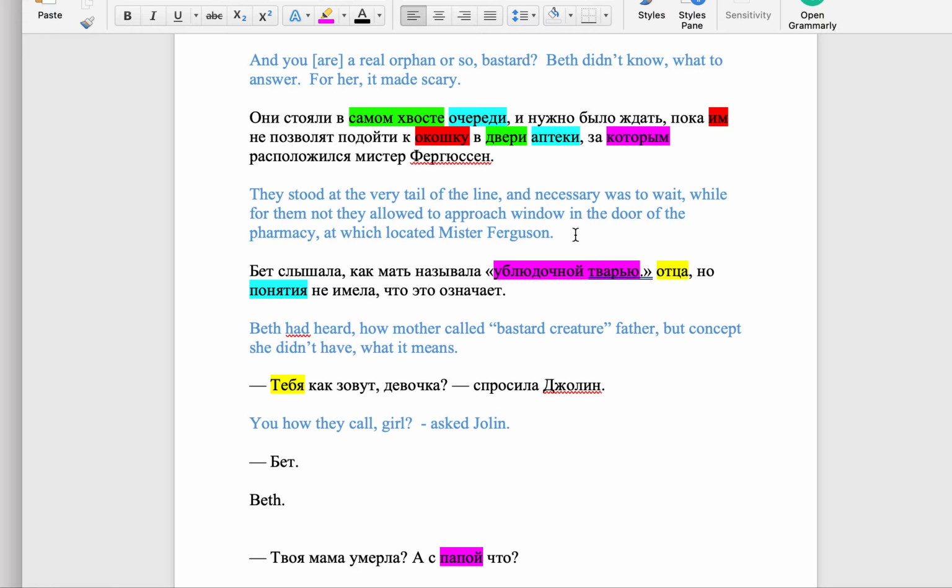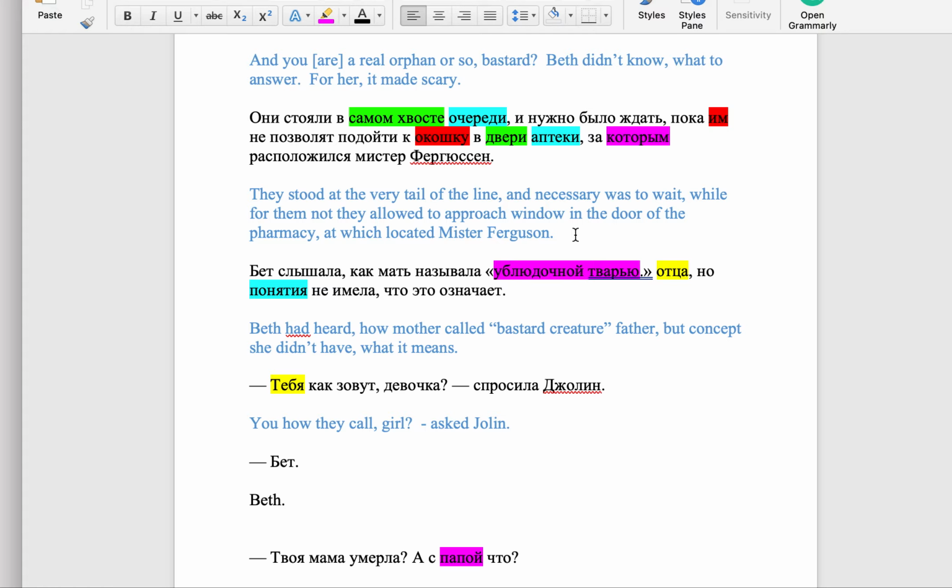Okay, so that is notated here as prepositional, which basically means at the very tail end. Now, очереди, I believe here is in the genitive case. So at the very tail end, and then changing to genitive, this ofness idea of the line at the very end. So where? At the very end of what? Of the line.